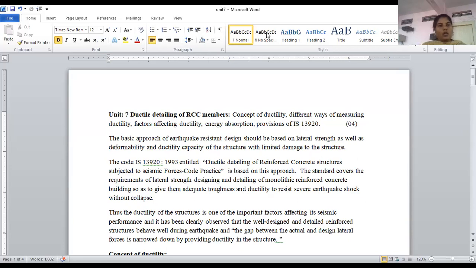Okay. Now we'll start unit number 7, that is the ductile detailing of RCC members.